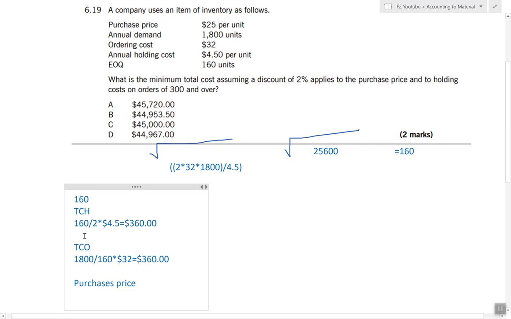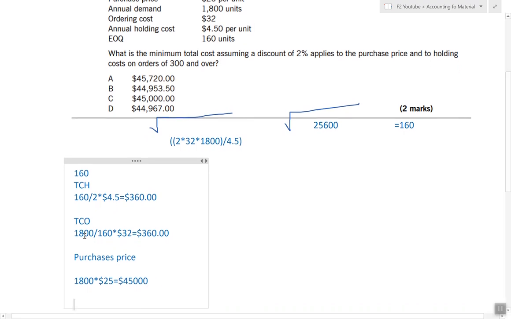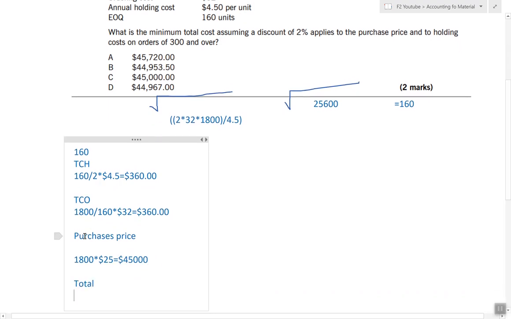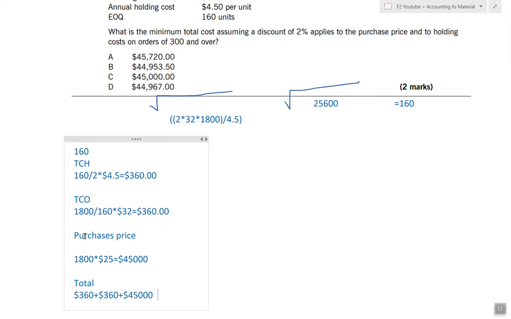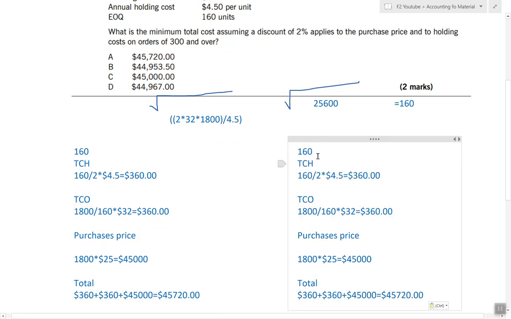Normally we don't look at purchase price, but in this case, because the purchase price is changing, we are looking at purchase price as well. So total cost according to EOQ is 360 plus 45,000 becomes 45,720.